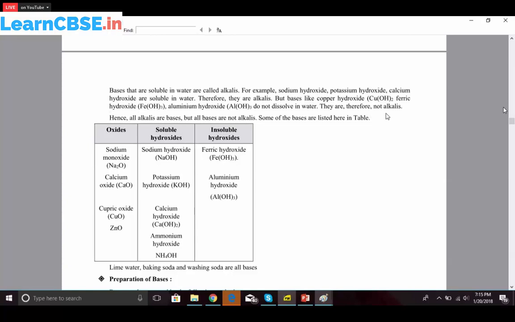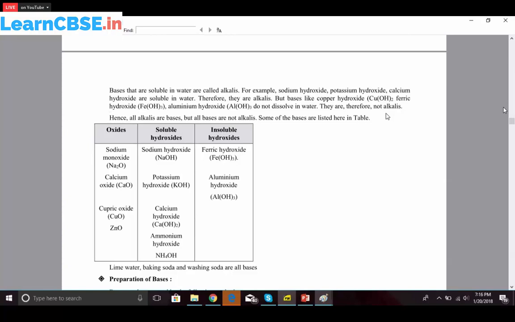So they are not alkalis; we call them bases. One important point is that all alkalis are bases, but all bases are not alkalis. So the base is the main form and the alkali is the subform of the base. The one which can dissolve in water, we call an alkali. The one which does not dissolve in water, we call a base, which is a common term.